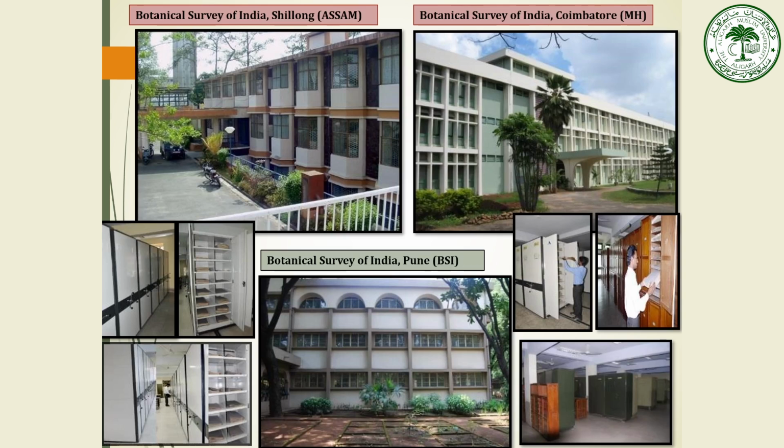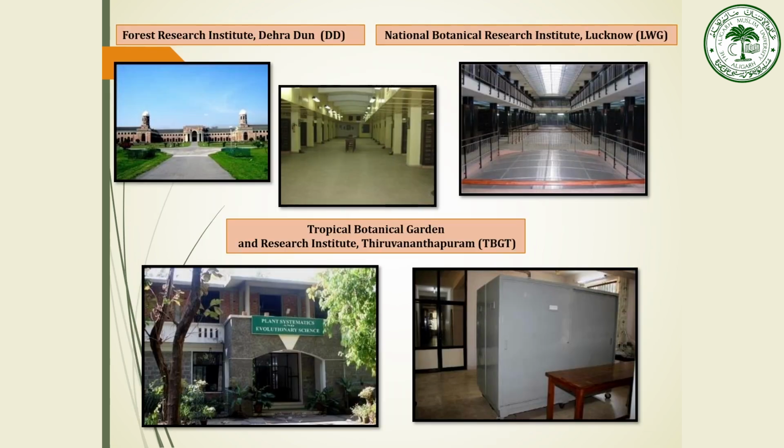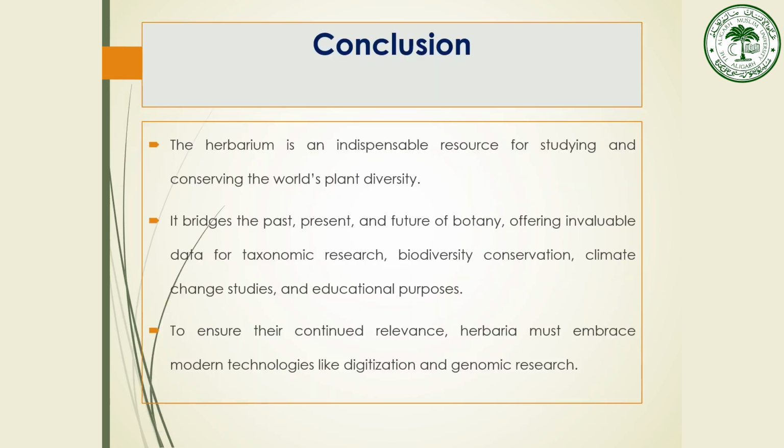These are the different herbarium centers, like the Botanical Survey in Dehradun and in Allahabad. Other centers include the Forest Research Institute, Dehradun, then the National Botanical Research Institute, Lucknow, and the Tropical Botanic Garden and Research Institute, Trivandrum. These all show the different herbaria present in India.